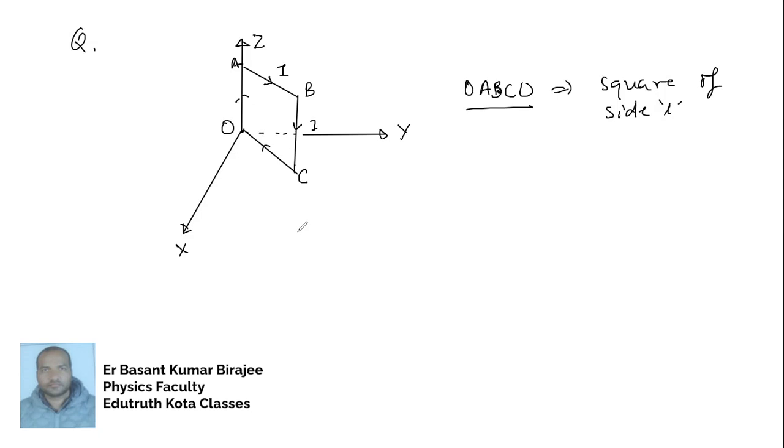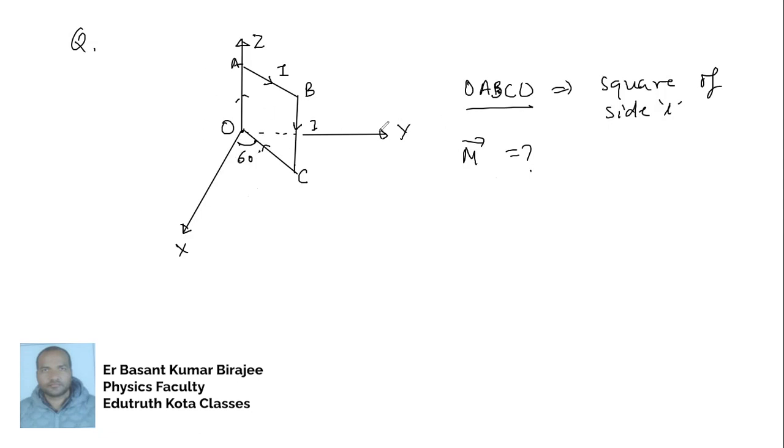And one thing more, this angle is given 60 degree. And we have to calculate the magnetic moment. Magnetic moment is a vector quantity, we need both magnitude and direction, so it might be better to express this in vector form.